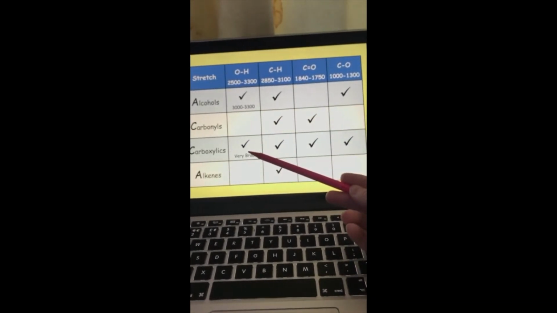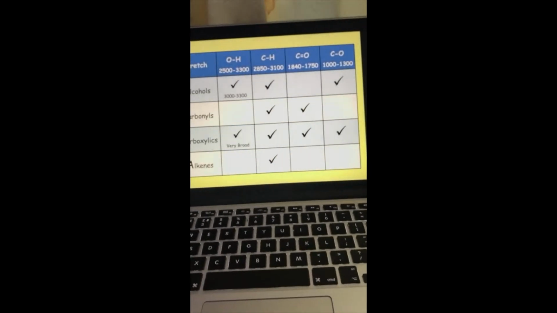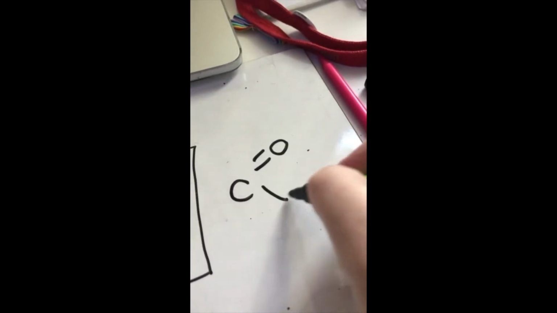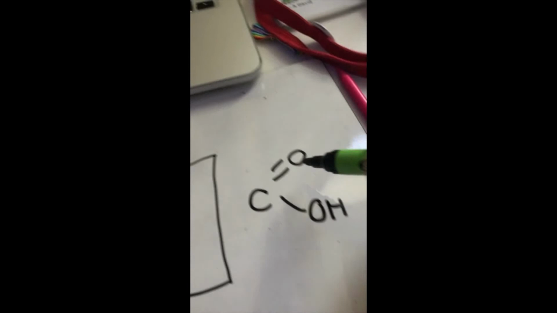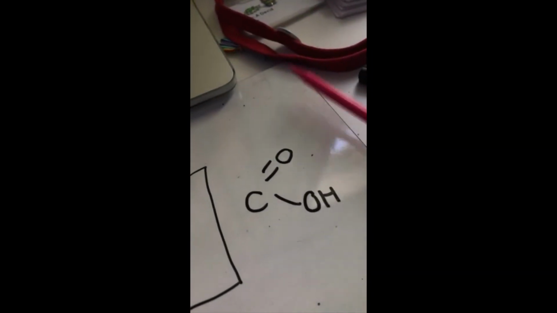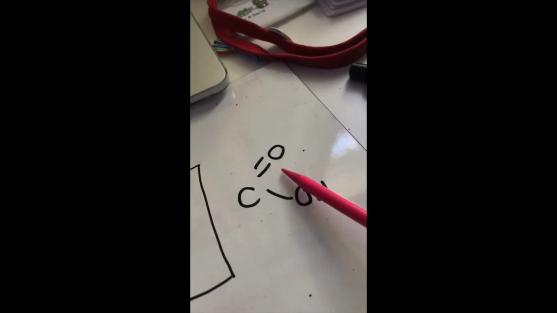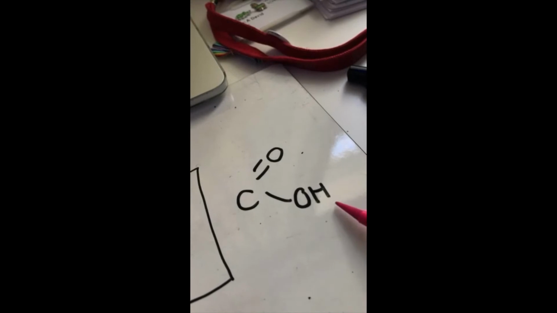Carboxylic acid, you've got a bit of each, because remember, just for a little reminder, refresh your memory, carboxylic acid is a C double bond O bond OH, like that. So here we go, look down there, you've got a C single bond O, a C double bond O, and an OH.